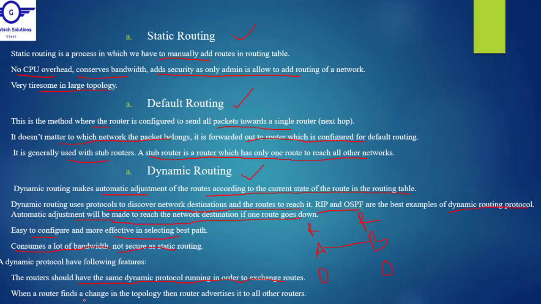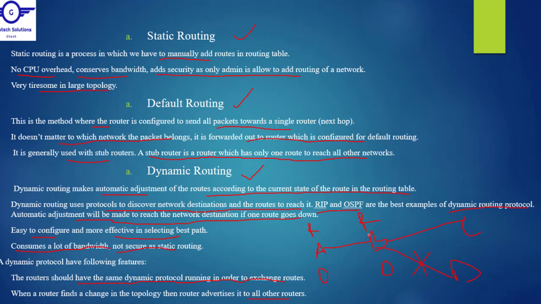when a router finds a change in the topology, then the router advertises it to all other routers. Whenever we have an update in the network topology, let's say router B was connected to router C and router D, and this link goes down.